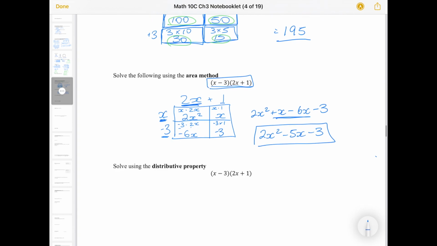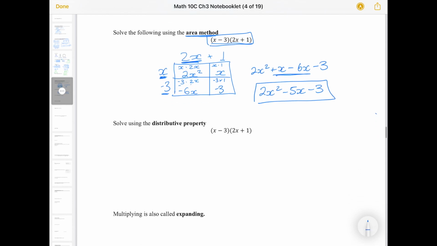All right, so that is the area method. This is my more manipulated way of doing it. It's a diagram, there's a bit of a picture of the rectangle. But I can do this just algebraically, the mathy way, with what we call the distributive property.